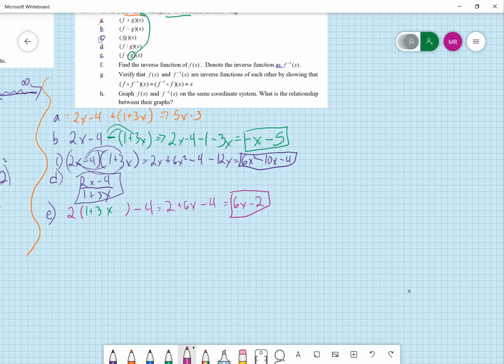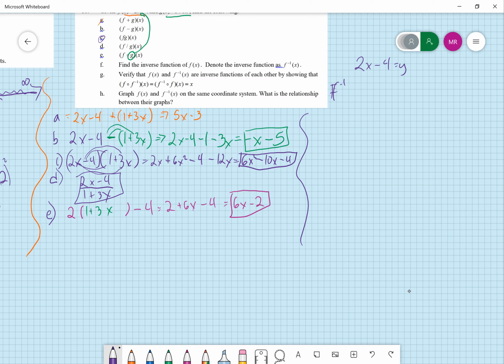We need to find the inverse function. That's that little f to the -1, the inverse function of f. So f is 2x minus 4 equals y. To find the inverse, we swap the x and the y and solve for y.